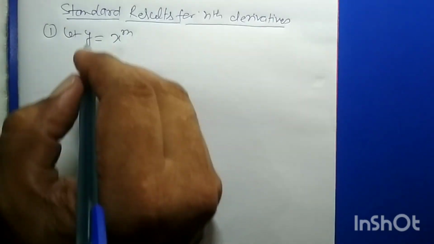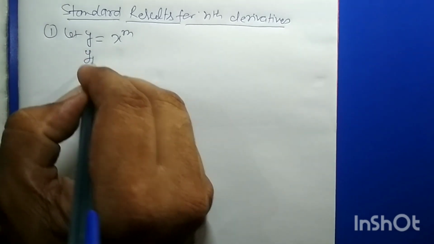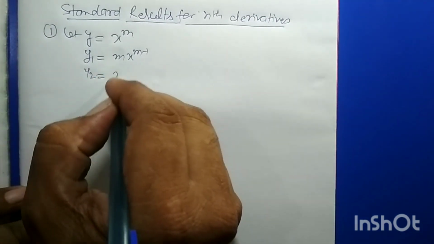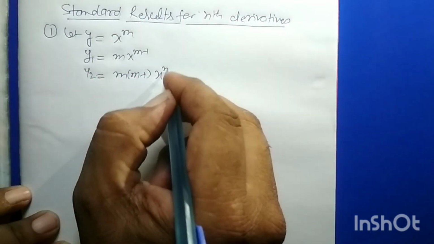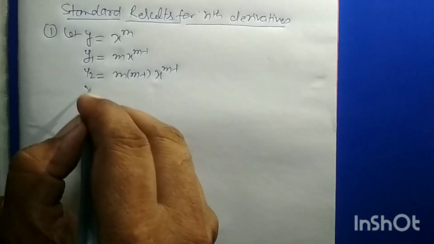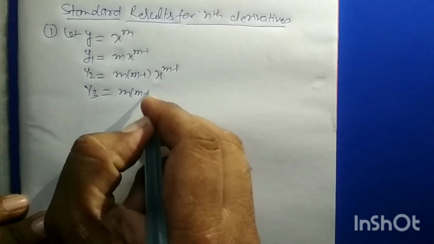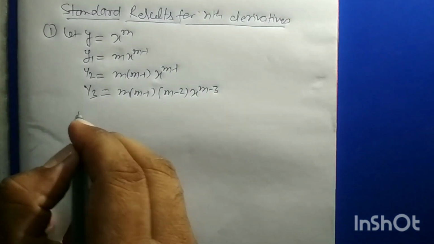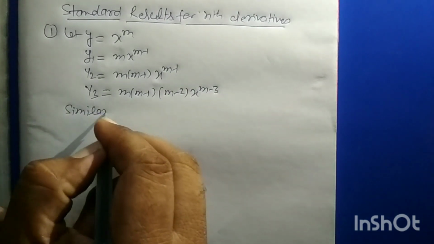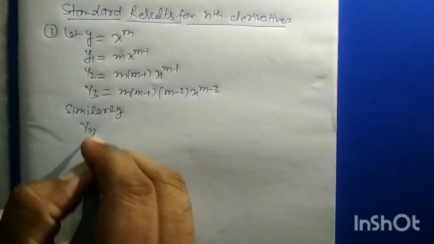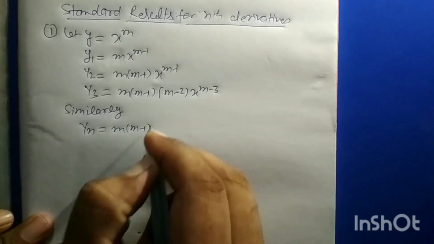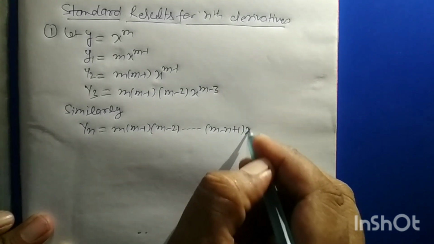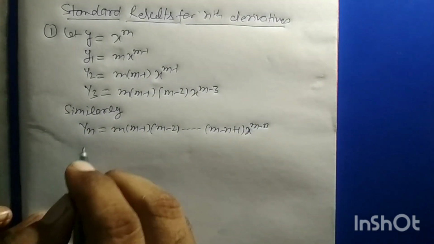We will find the derivatives for y = x^m. For the first derivative, y1 = m x^(m-1). Similarly, y2 = m(m-1) x^(m-2), and y3 = m(m-1)(m-2) x^(m-3). Similarly, yn = m(m-1)(m-2)...(m-n+1) x^(m-n). This is the nth derivative.